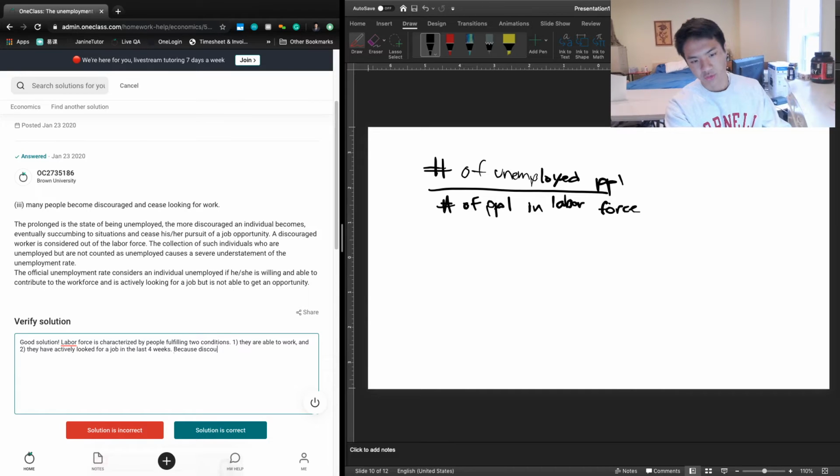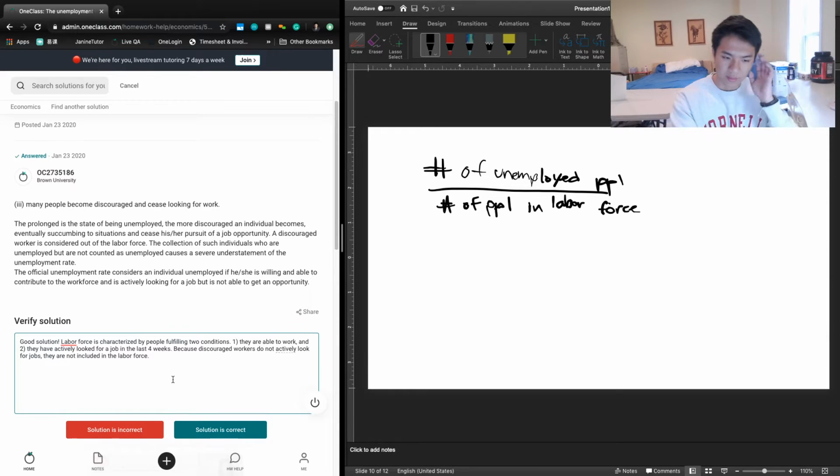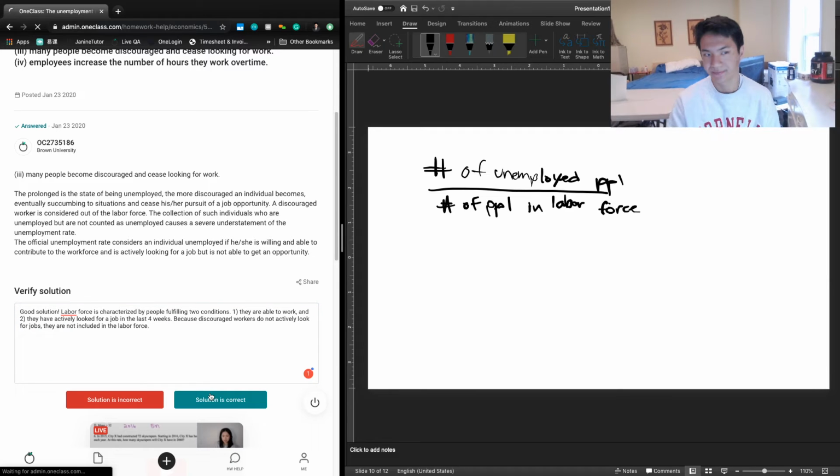Because discouraged workers do not actively look for jobs, they are not included in the labor force. Add that in as well. And otherwise, the solution is correct.